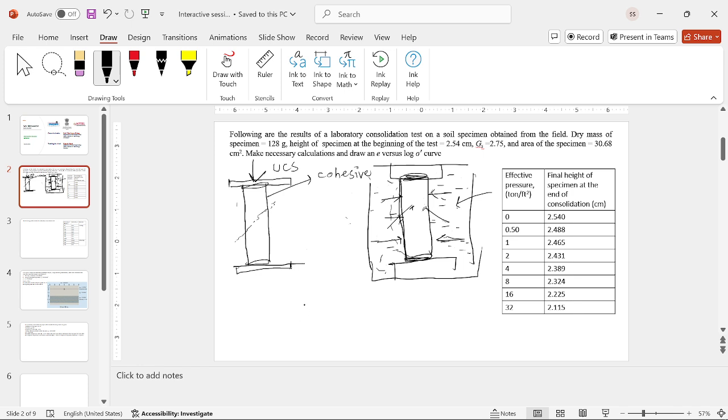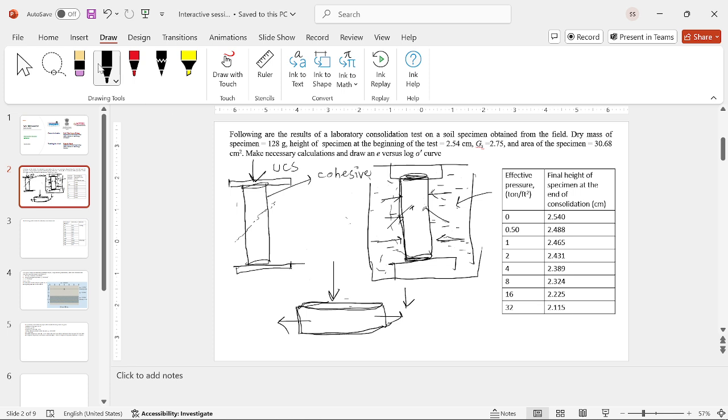And in the consolidation test, we have a sample that has a smaller height. It is still cylindrical. This is enclosed in a steel ring kind of structure, and we apply pressure such that the only displacement that can take place is in the vertical direction and there is no displacement in the horizontal direction.